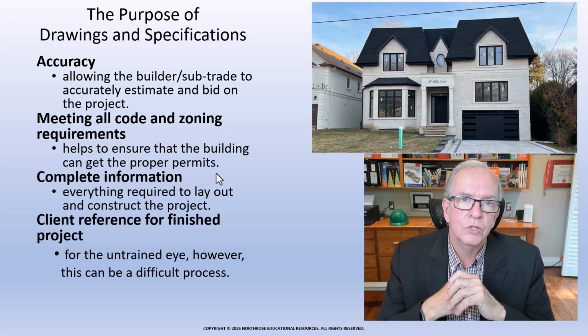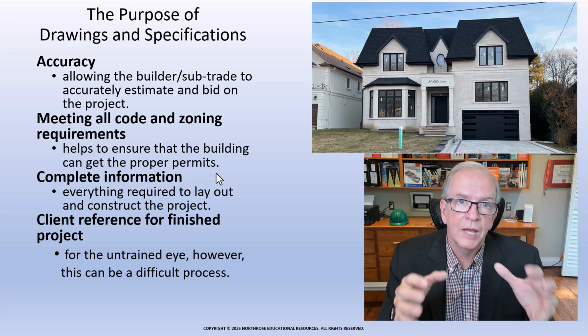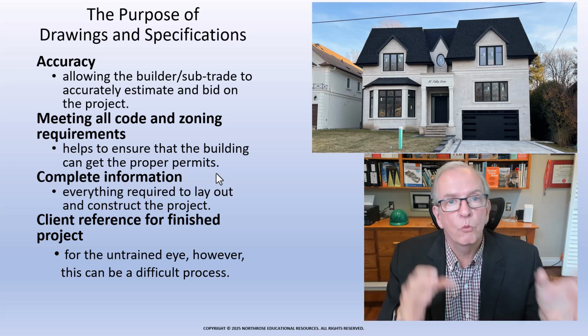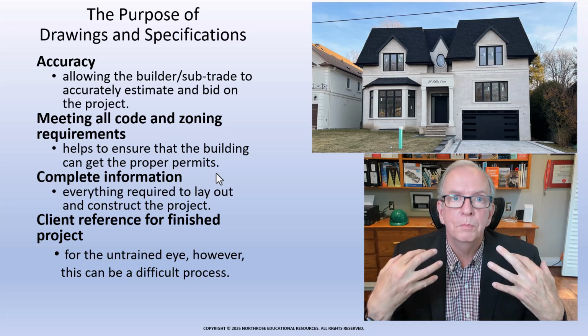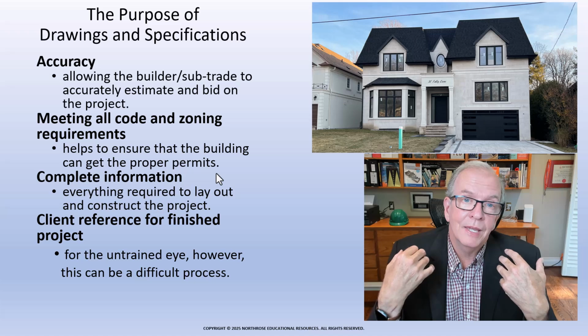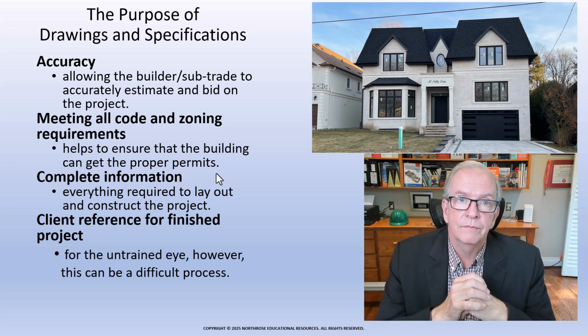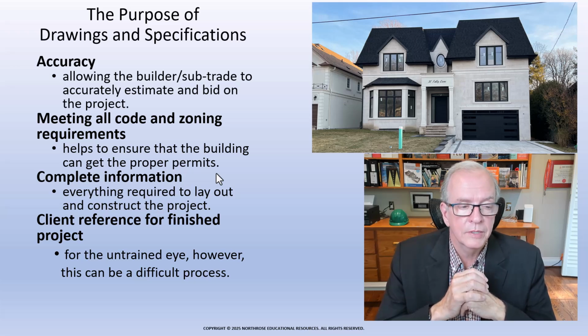So highest and best use. This is what developers look at when they purchase a property. What's the highest and best use for it? And what should I put on it that will return me the best profit for basically the risks that I'm taking in putting money into building this? Because there's a lot of risks involved. There can be very good returns, but there definitely is a lot of risk in this process.